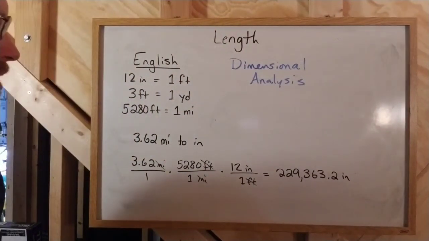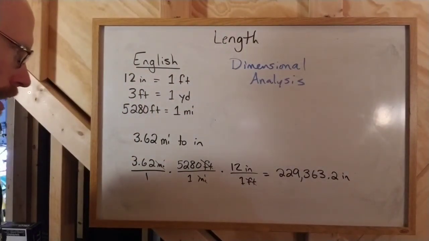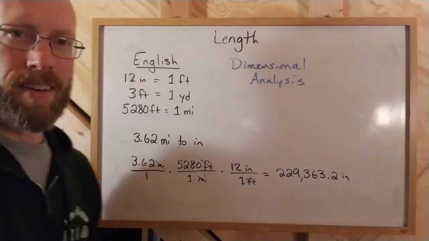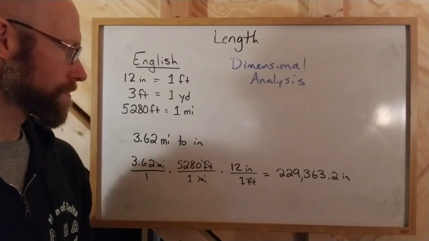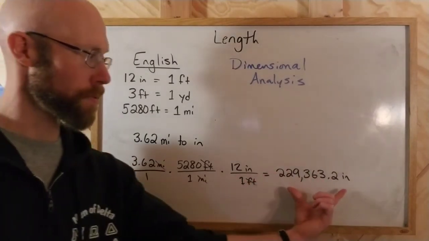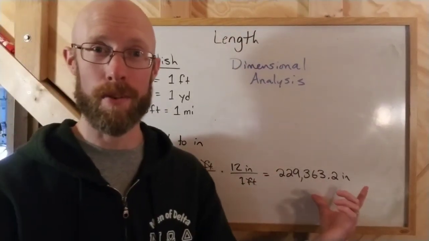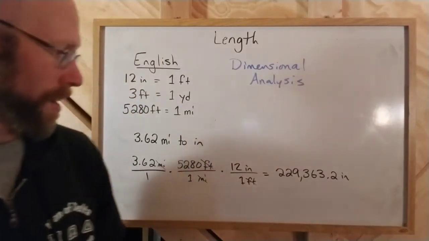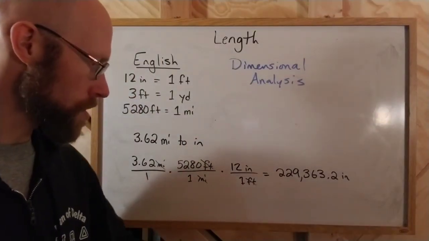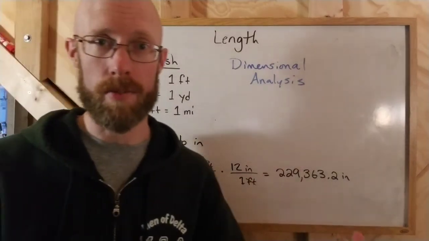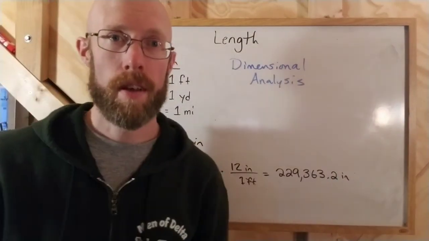All right, so it's actually a decimal. I figured that might come out even, but it didn't. Anyway, that gives us our number of inches. That's a lot. It's almost 230,000 inches in 3.62 miles. So we can do these conversions in stages, or in multiple steps.